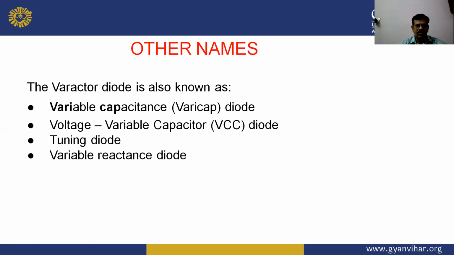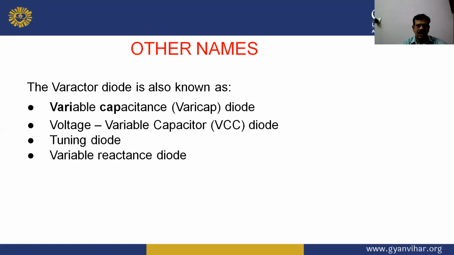Other names of the varactor diode: it is also known as varactor variable capacitance diode. Second one is voltage variable capacitor diode. And the third one is also known as tuning diode and also known as variable reactance diode.